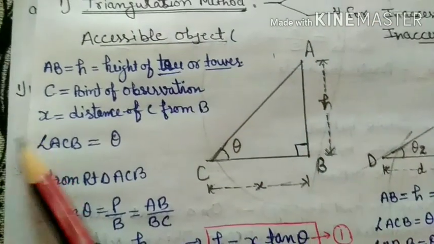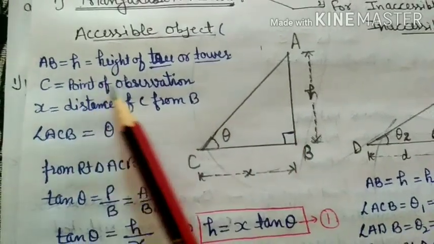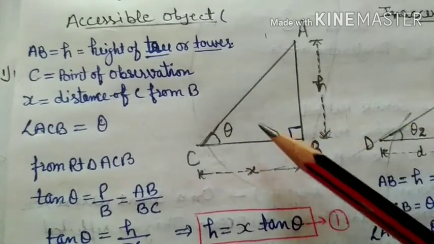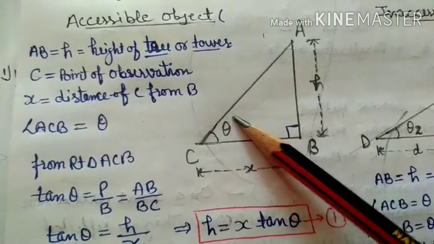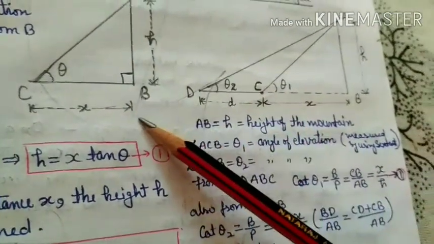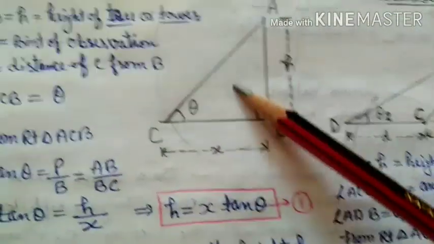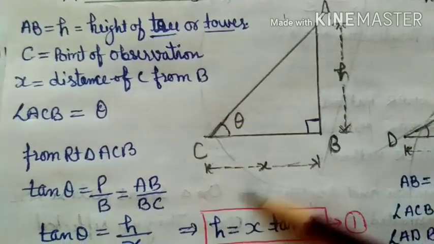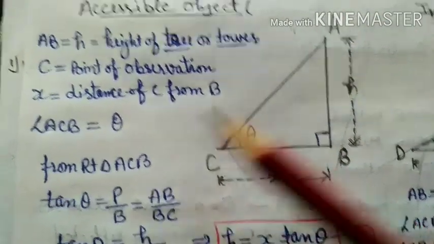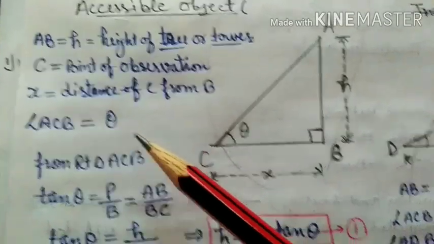AB is the height, C is the point of observation, and x is the distance of C from B. Let theta be the angle of elevation, which you can measure directly with the help of a sextant.